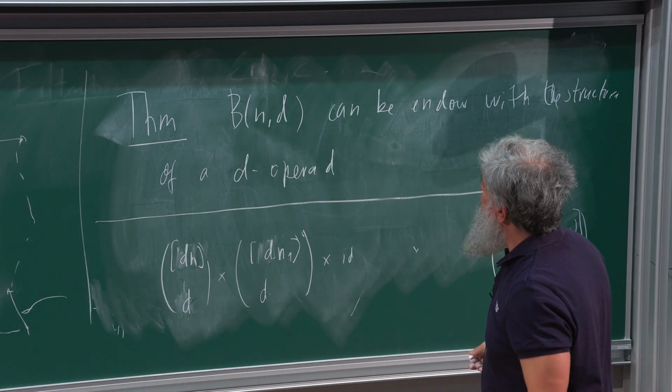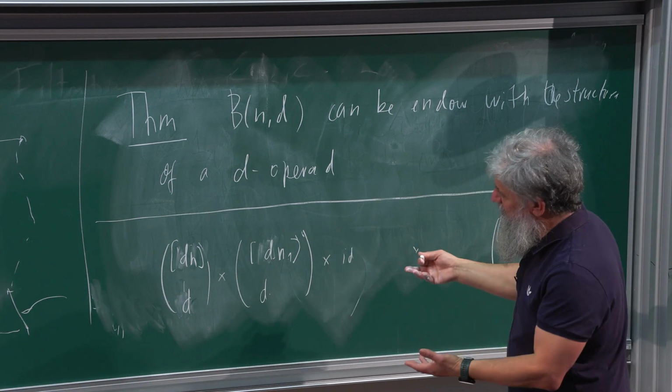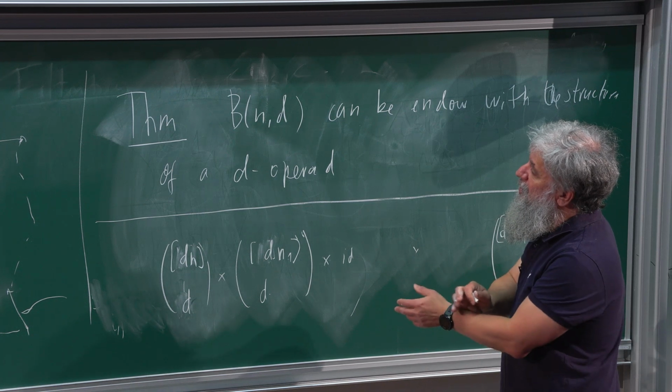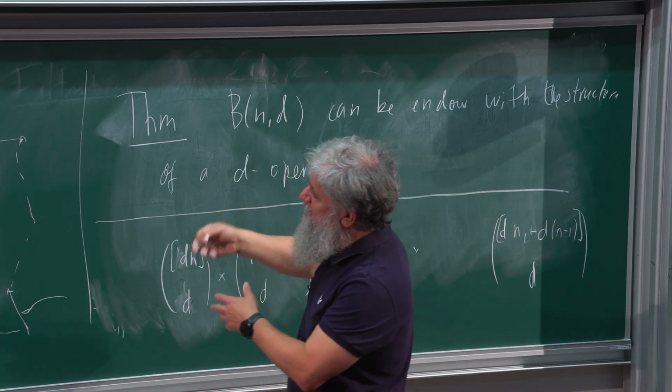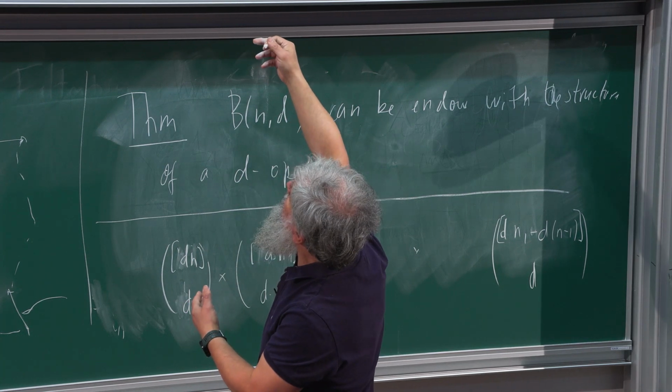In general, in the d-operad, more elements might appear on which we have to define something like this Bruhat order.